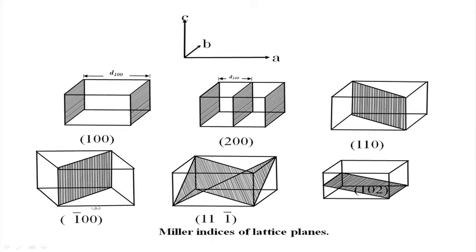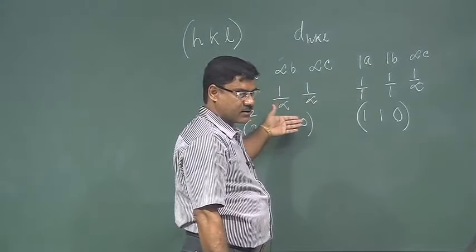So, this is the a axis, say this is the b axis, and this is the c axis. In this case, we are telling 1 bar 0 0, as it intersects at the negative side of this a axis, as I mentioned already.